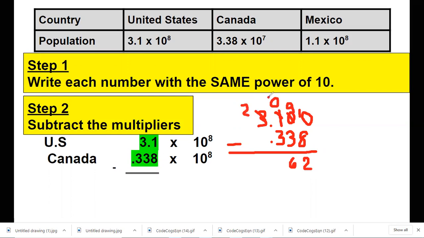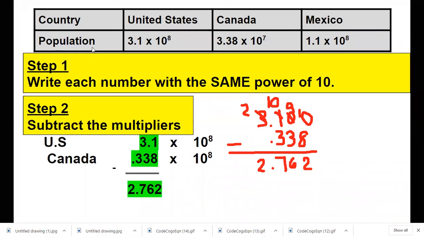There's only 1 0 this time, it becomes a 10. 10 minus 3 is 7. Put my decimal point there. And then 2 minus nothing is 2. So I should get 2.762. See if that shows up on the computer there. Yep, 2.762. I wanted to show you how to do that so you don't forget. It's been a year since you've probably done subtracting of decimals.